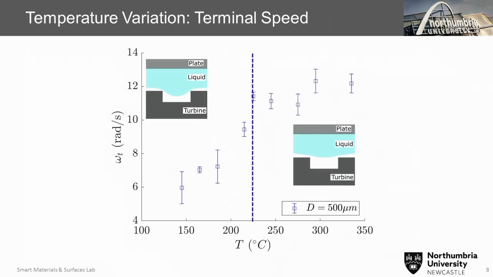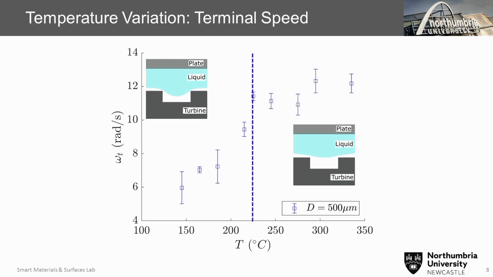In this region, because the temperature is low, the pressure from the evaporating vapor is low, and therefore the deformation of the liquid is considerable, which leads to a strong dependency of the speed on the temperature. At higher temperatures, there's enough pressure for the liquid to be pushed out of the groove, which makes it completely levitate over the entire substrate, and that has a low dependency of the speed on the temperature.